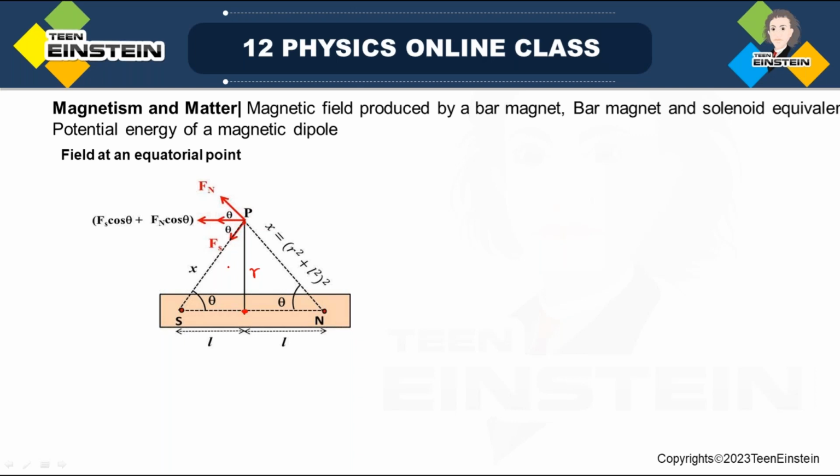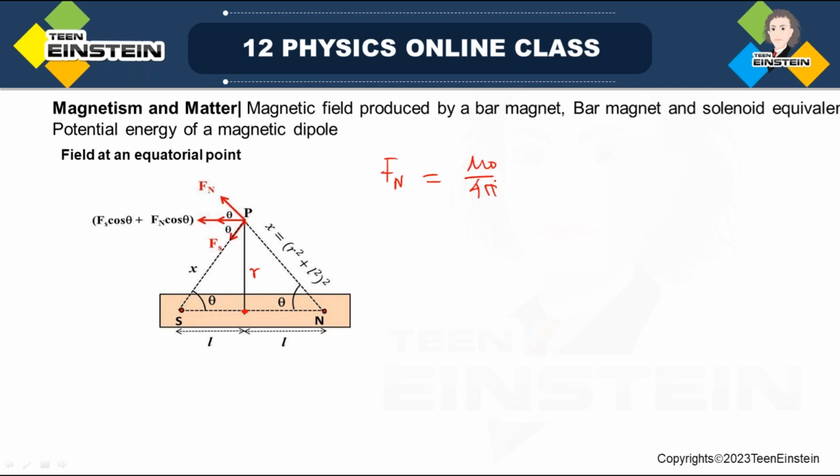So in this case, similar to the electric dipole, as I said, we can find out the magnetic field produced by the north pole at this point P. That is obtained as mu0 by 4 pi, this factor will always be there, just like 1 by 4 pi epsilon 0 in electrostatics.